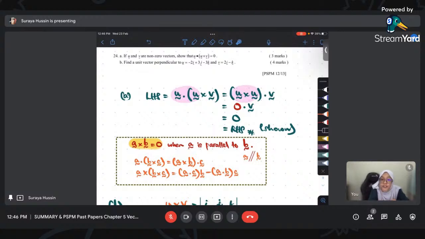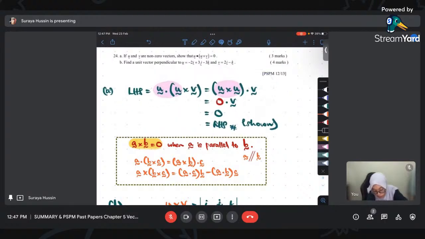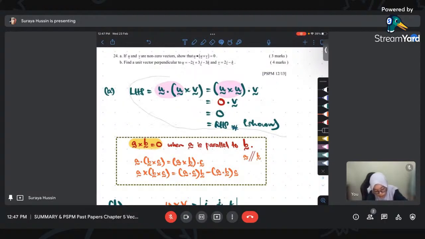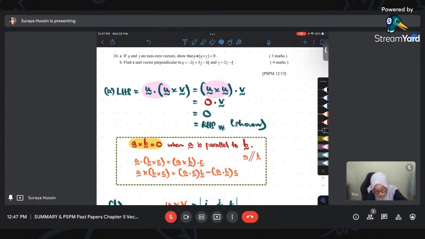Have a look at question A first. So question A. So soalan yang ini cross product.